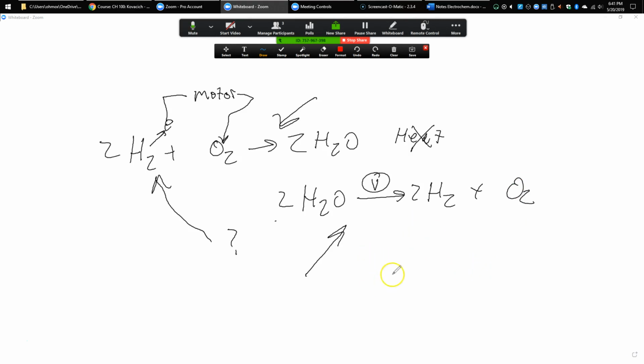So where do we get the electricity to make this happen? The easiest way to do this is if this electricity came from solar. So all day you could have solar panels just disassembling water molecules and then using that hydrogen to create the fuel that you would use for your fuel cell vehicle or for your electric generating plant, while the sun's down.